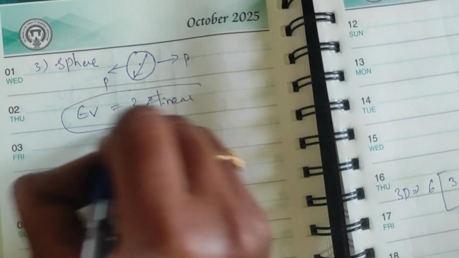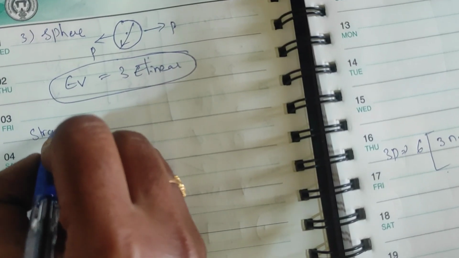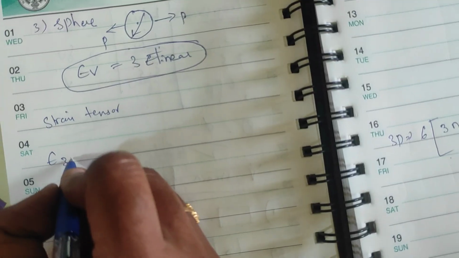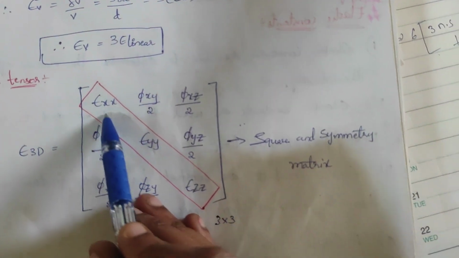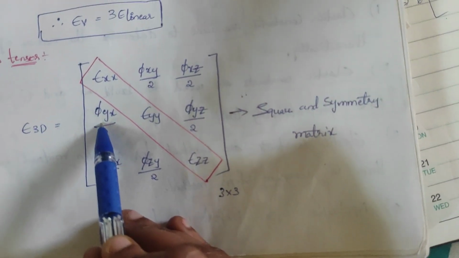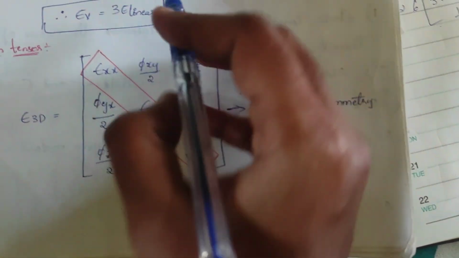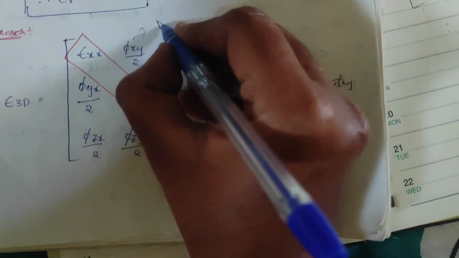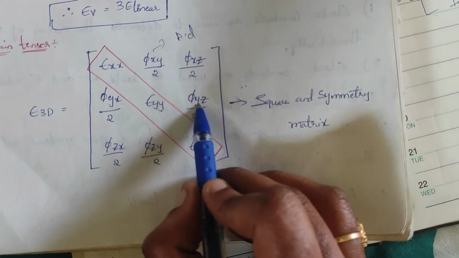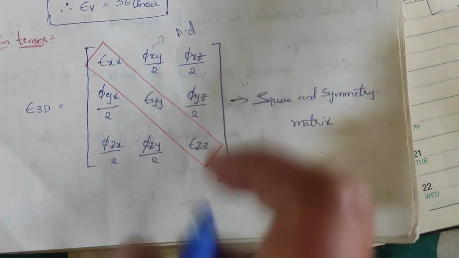Understand? Okay. Next one, coming to the strain tensor. Strain tensor means: epsilon xx, phi xy by 2, phi xz by 2; phi xy by 2, epsilon yy, phi yz by 2; phi xz by 2, phi yz by 2, and epsilon zz.